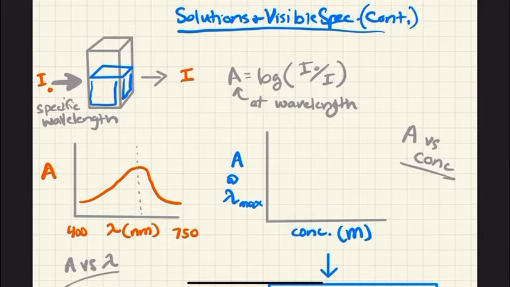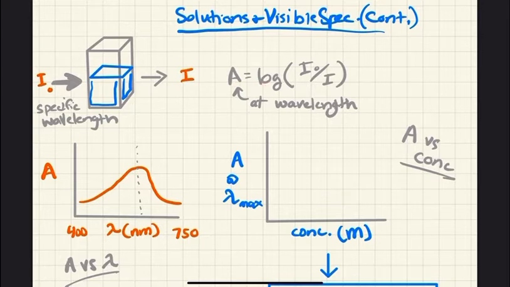All right, so basically the difference between the light that comes out and the light that was incident or initially shown on the sample will give us some information about how much light was absorbed. So the actual way that we would calculate absorbance from values of incident light and the intensity of the light that came through the other side is here in this formula.